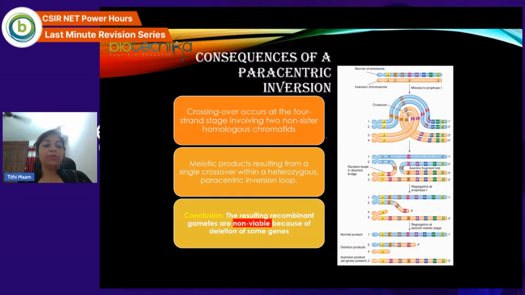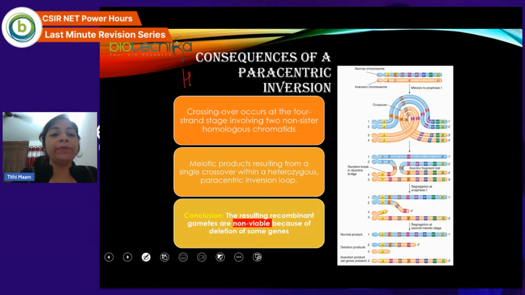Now, another type of question which is asked from this mutation is the consequence of the paracentric inversion or pericentric inversion, or the consequence of crossing over happening through a heterozygous paracentric or pericentric inverted segment.